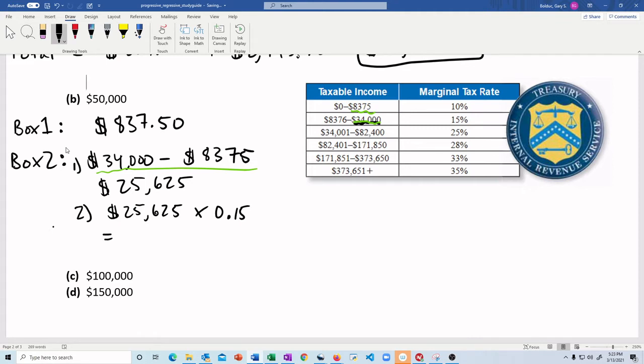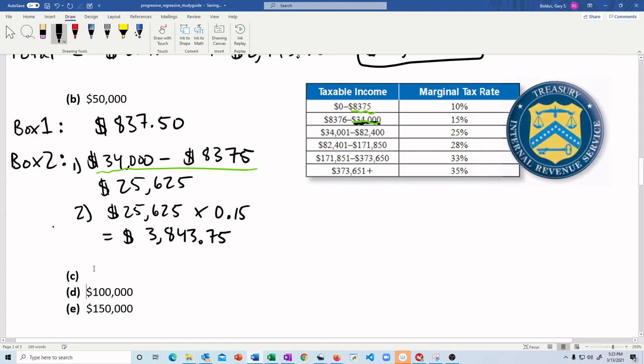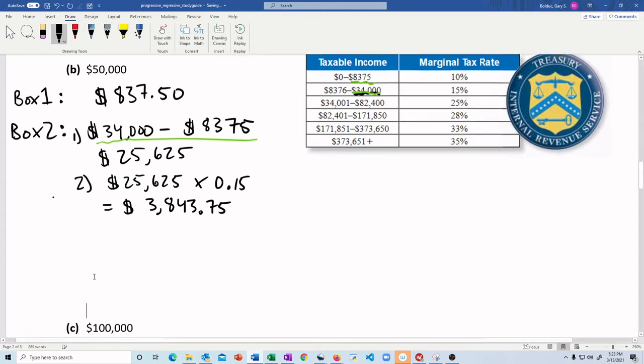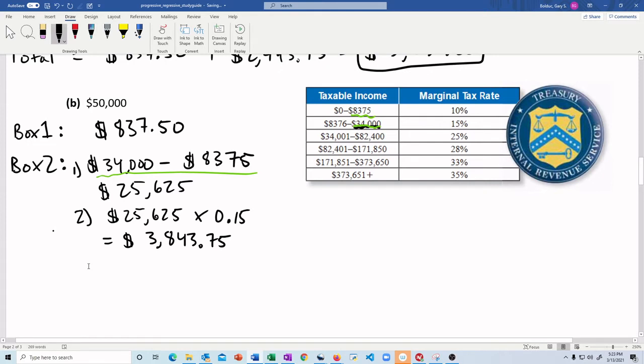That's 25,625 times my 15% means I pay $3,843.75. Okay, so give myself some more space here. So that's how much I, as a person who makes 50,000, pay in that second box there.